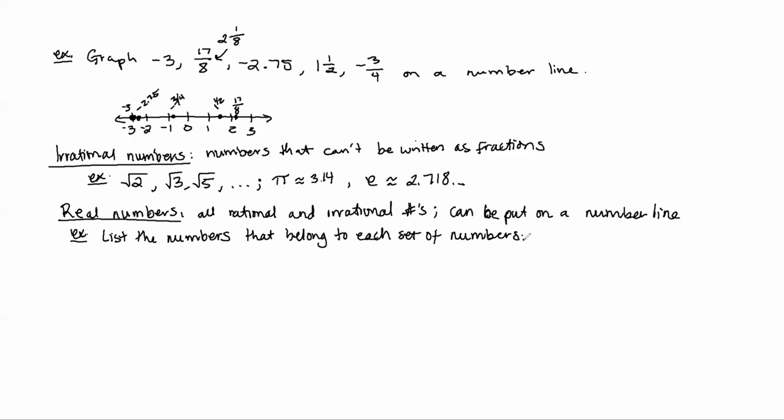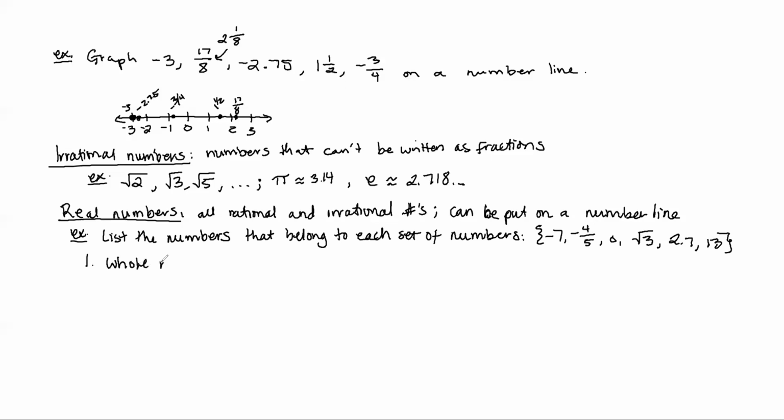We're given the set -7, -4/5, 0, square root of 3, 2.7, and 13. And we want to go ahead and list out all of the whole numbers first.